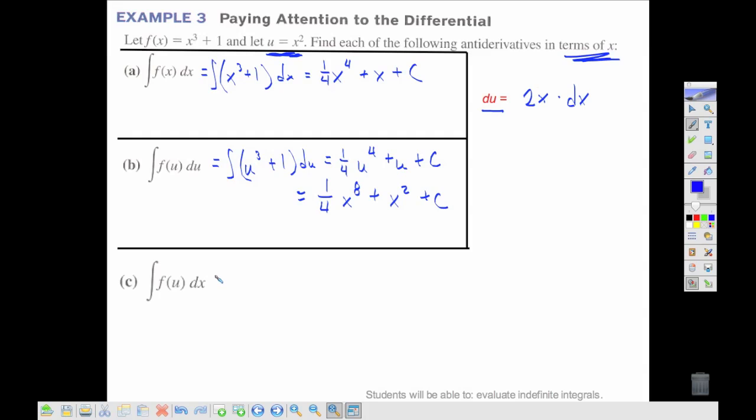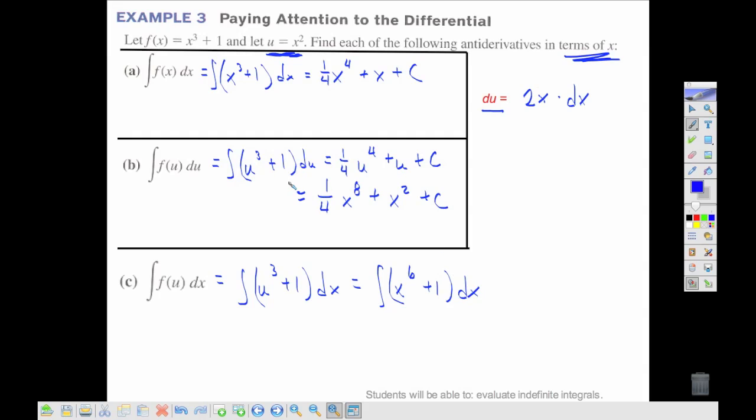For the next one, we have f of u du. So we're going to start by doing the substitution here. We'll have u cubed plus 1. But notice this is dx, and so we can't proceed yet because our variables don't agree. We'll need to do the substitution now. And so plugging in x squared, that will give us x to the 6th plus 1 dx.